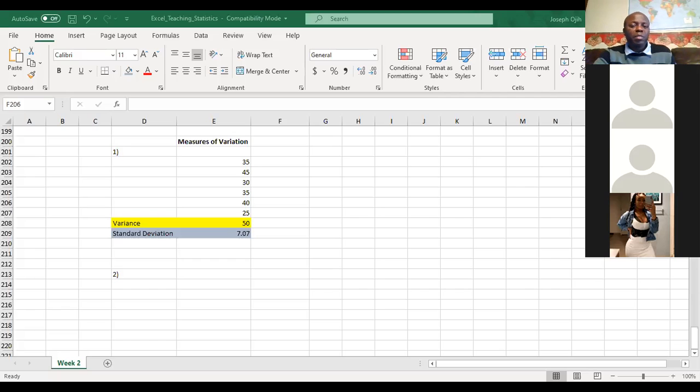Now it says the mean number of car sales is 87, and the standard deviation is 5.